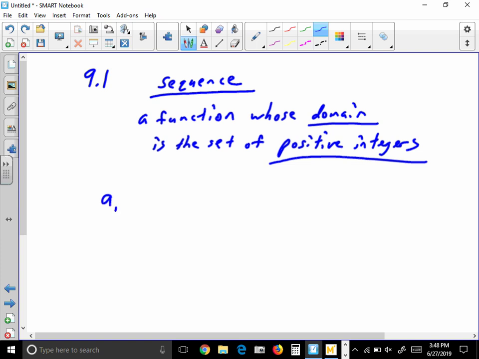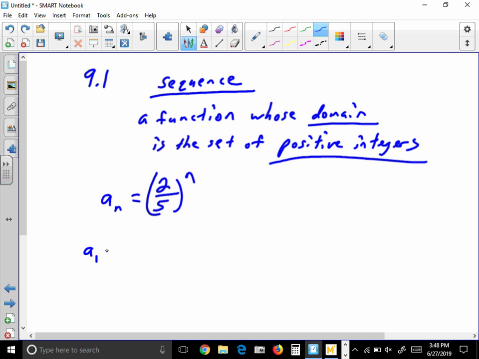So, for example, it might be that a sub n is (2/5) to the n power. And we're not just going to evaluate that for any number. We're only going to evaluate it for positive integers.